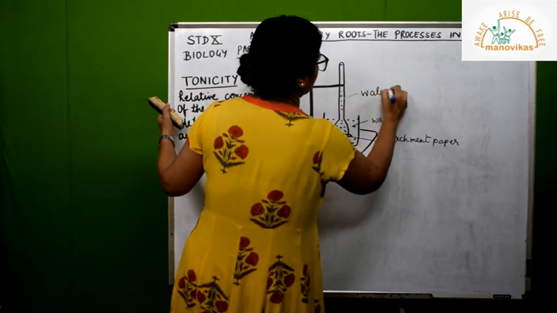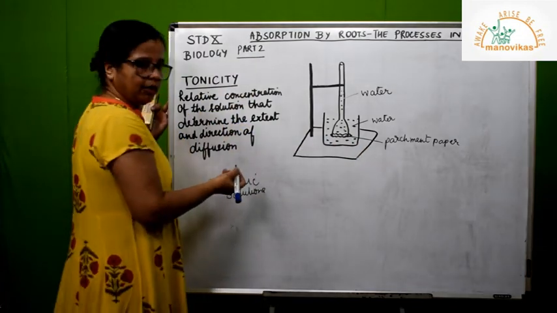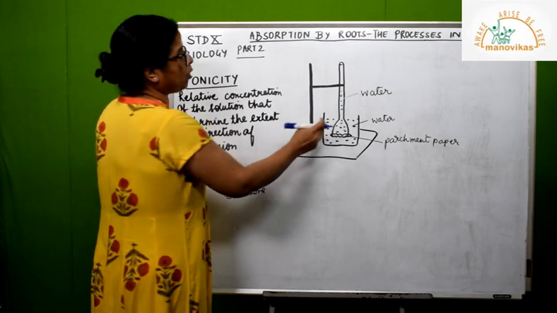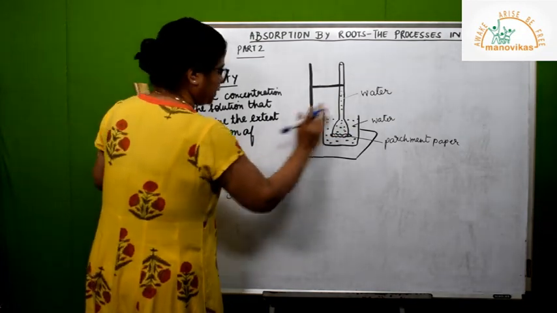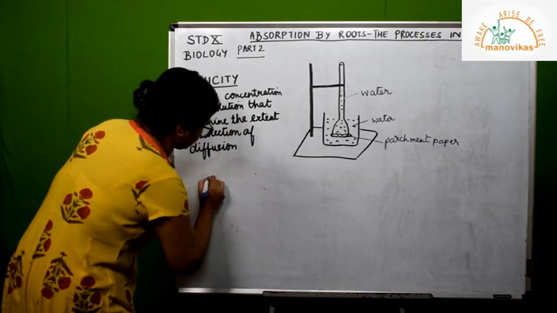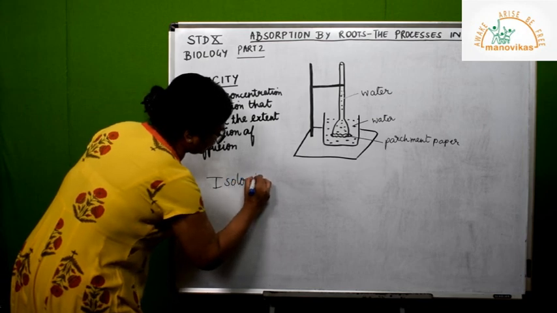Let's try different combinations. Water inside, water outside. Will there be any osmosis? Will there be any movement of water molecules? No, because the concentration is the same on both sides. So there will be no movement. So we can call this isotonic. Remember this word isotonic very well.